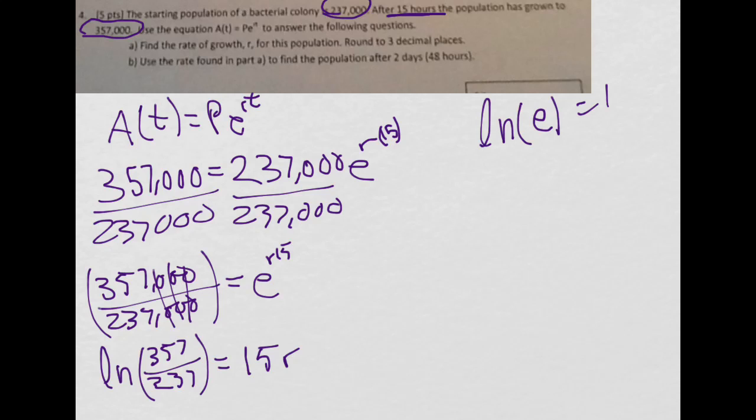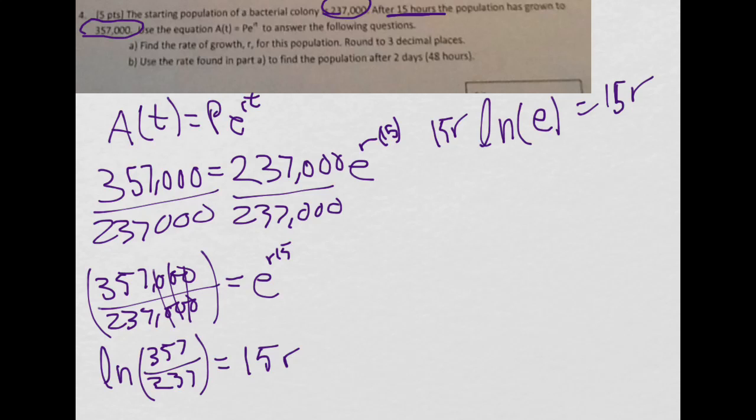And our power property lets us rewrite that exponent, 15 times r, as a coefficient. ln of e is 1, so we just get 15r when that simplifies, which is awesome. Again, that's why we learned all those rules, so we could do that.